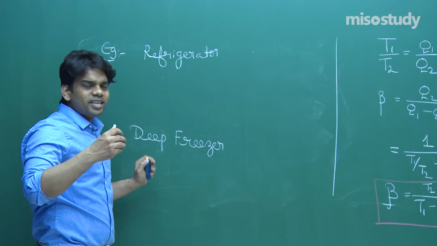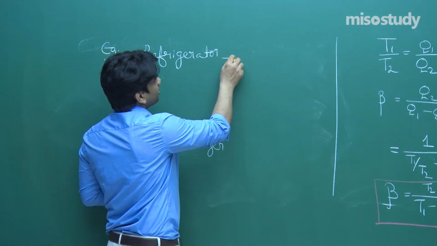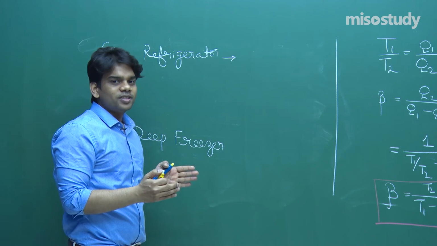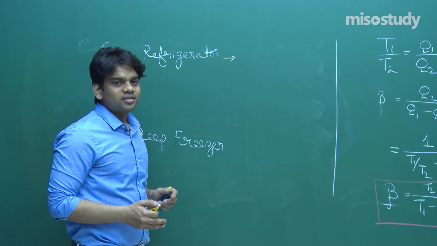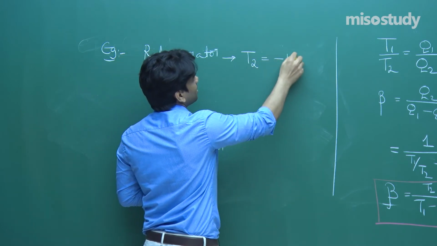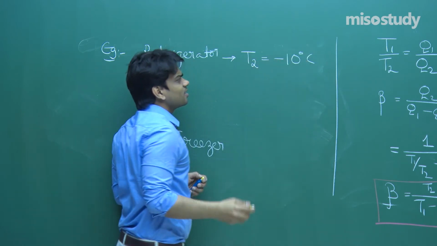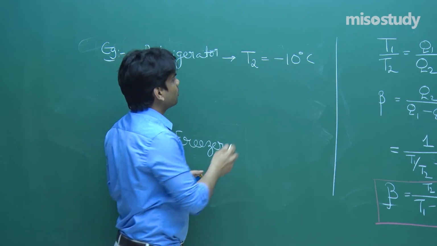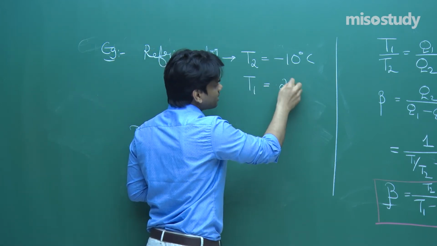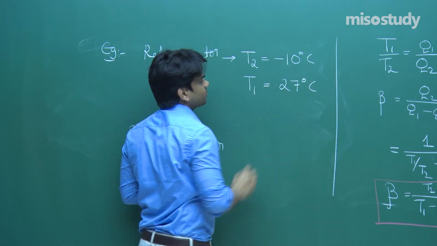Let's say the refrigerator works under a condition where it is working to release some amount of heat energy between two temperatures. The two temperatures are given as T2, that is the cooler one, minus 10 degrees Celsius, and it is releasing heat to the surrounding. Let's say T1 is, let's keep it as 27 degrees Celsius.